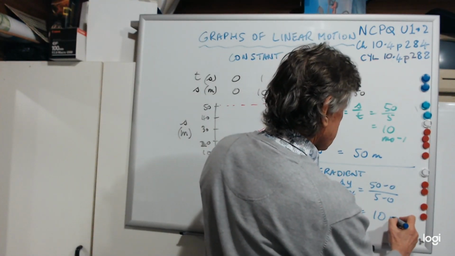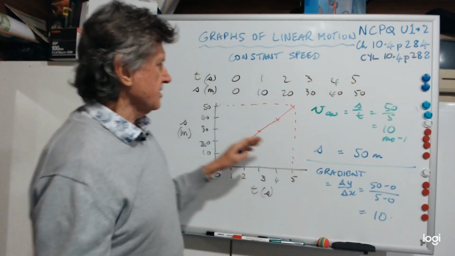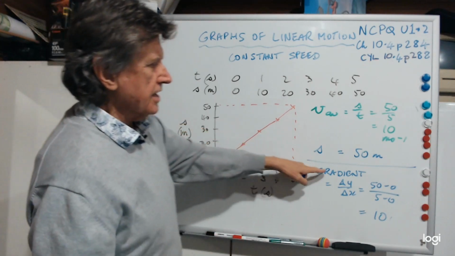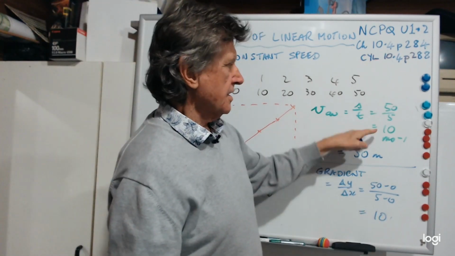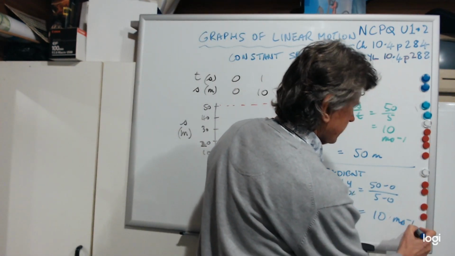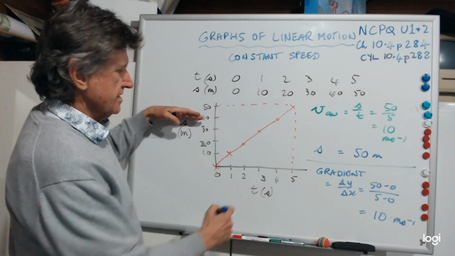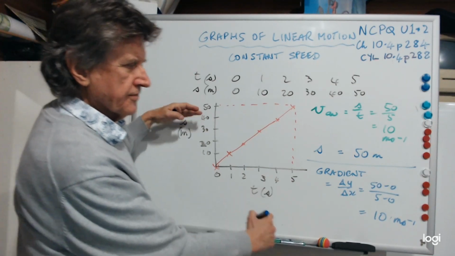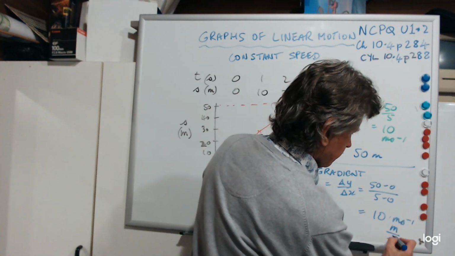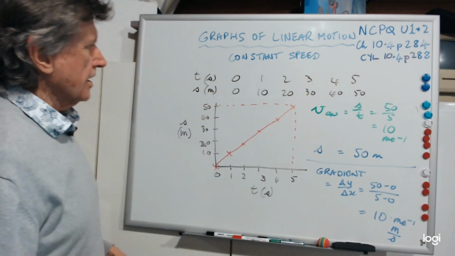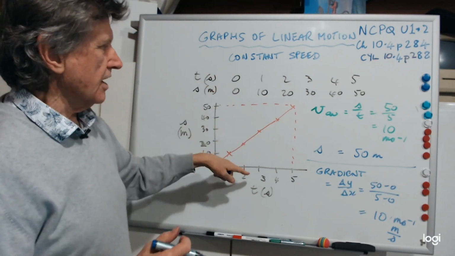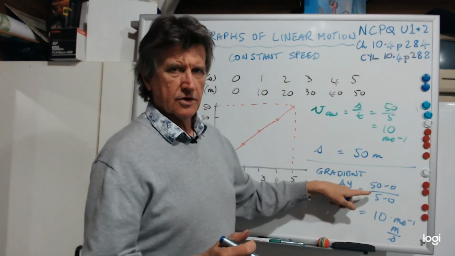So that's 10. So the gradient of this, which is called an ST graph, is 10, which is its velocity. It'll have the units m s to the -1 because it's displacement divided by time, meters divided by seconds, as I said before. Okay, I'm going to write this down in a minute, and I'm going to say the gradient of an ST graph is the average velocity.